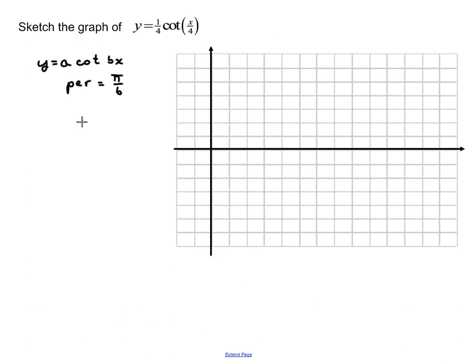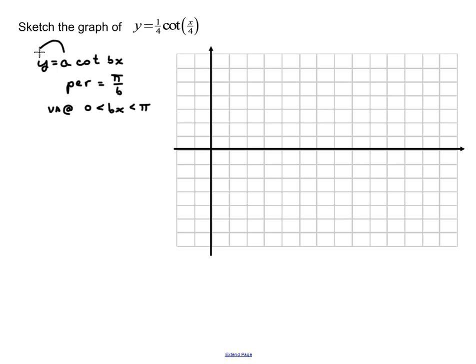So in my graph now, I would find my vertical asymptotes by setting bx on the interval between 0 and pi, which would be the natural asymptotes right here.